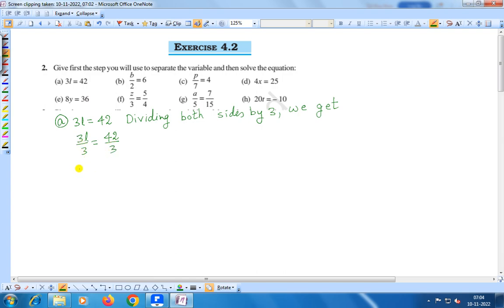The 3 will cut, and 42 divided by 3: 3 1s are 3, 3 4s are 12, that is, L is equal to 14.